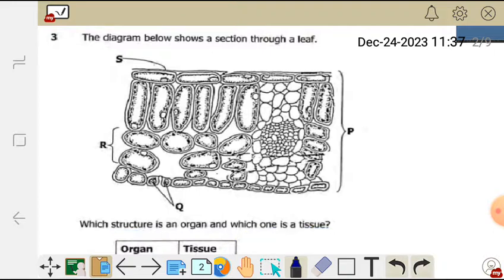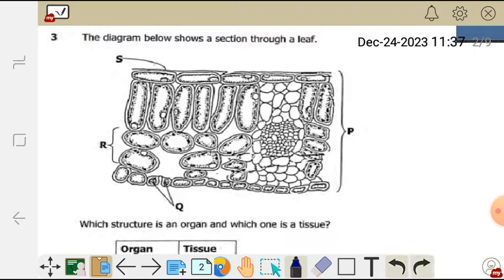These are the labeled structures on a section of a leaf. We have P, S, R, and Q. Among all these labeled parts, which one is an organ and which one is a tissue?